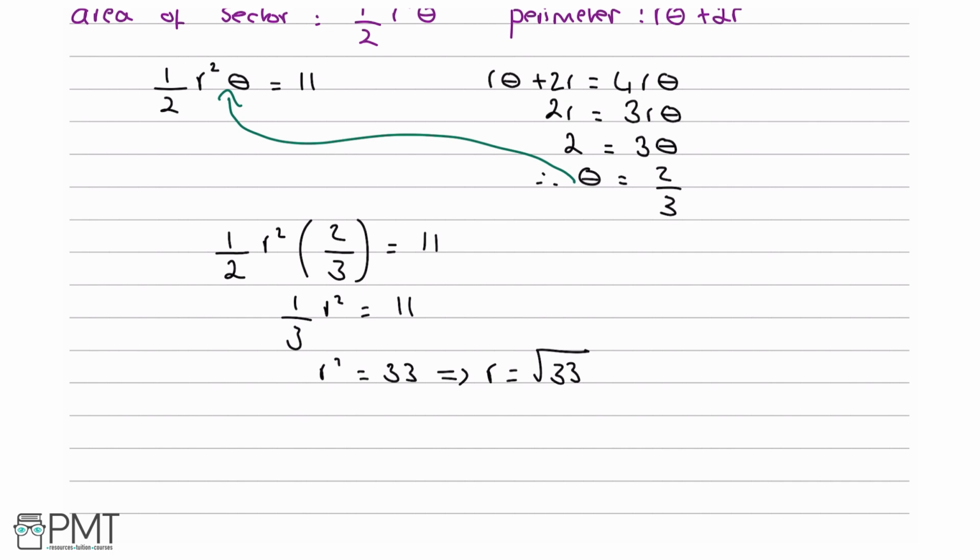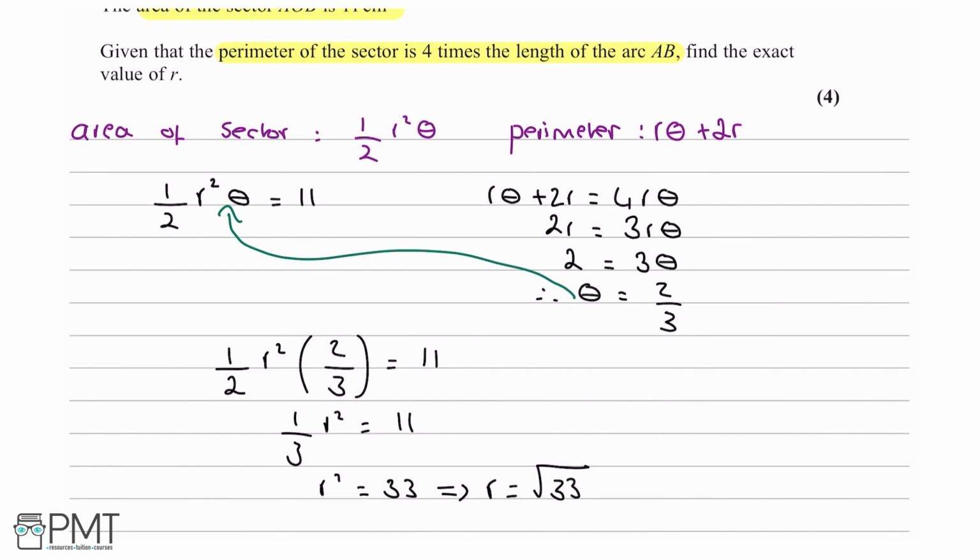As for the marks, this question itself is worth 4 marks. Your first mark comes from stating half r squared theta equals 11. Your second mark comes from stating that r theta plus 2r equals 4r theta.